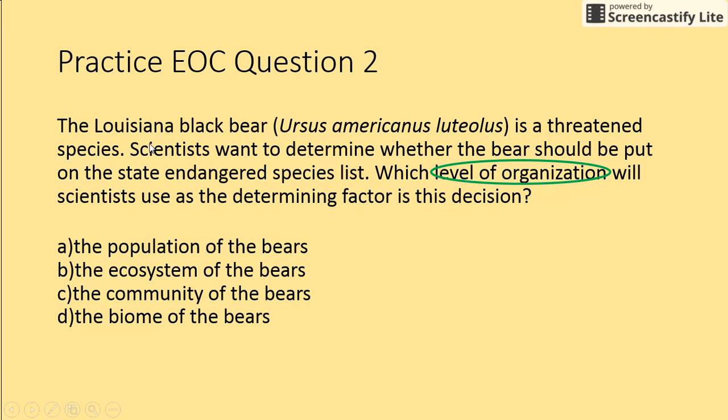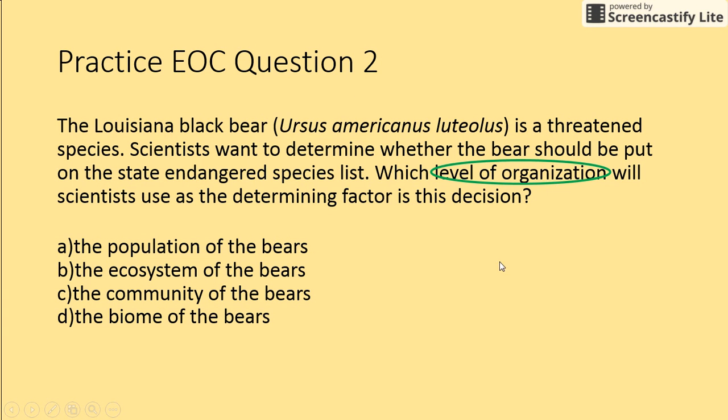All right, question number 2. The Louisiana black bear, we don't have to read this, and on the EOC, they're going to give you this to throw you off, the scientific name, is a threatened species. Scientists want to determine whether the bear should be put on the state endangered species list. Which level of organization, that is our key word, will scientists use as a determining factor for this decision?